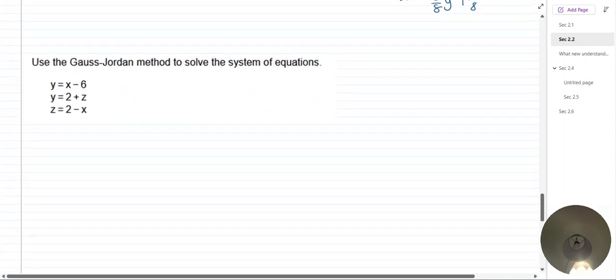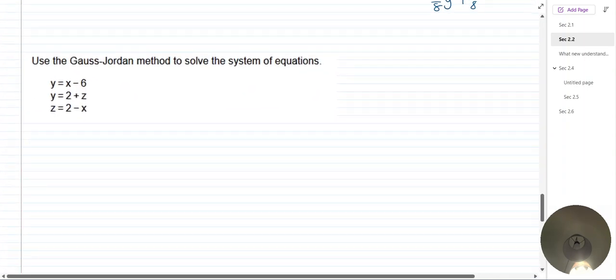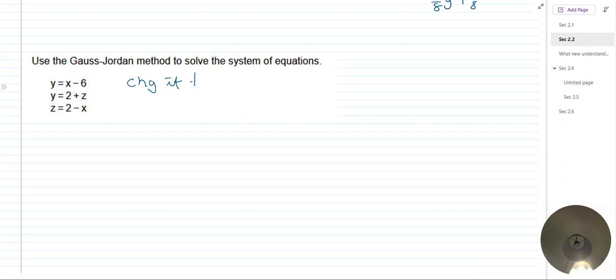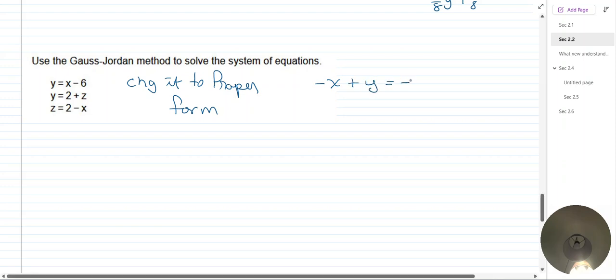Now we have this one here. Now first we have to change it to proper form. All right, so I have to move the x over. Plus y equals -6.